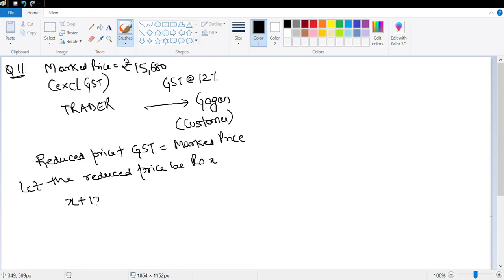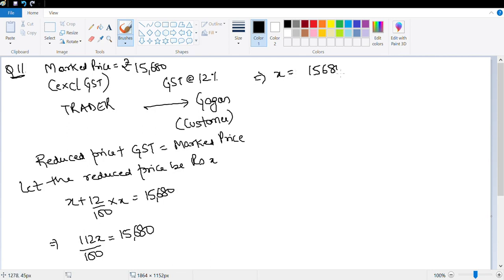So the reduced price plus 12% of it should be equal to the marked price, which is 15,680. If I take the LCM, this is 100x plus 12x, that's 112x upon 100, equal to 15,680, which means x is equal to 15,680 into 100 upon 112.